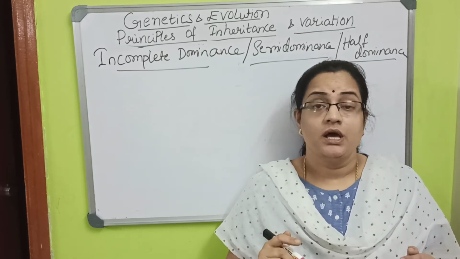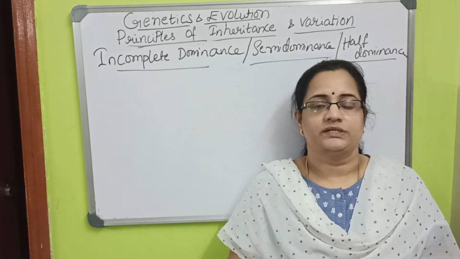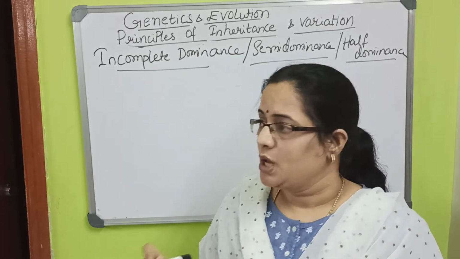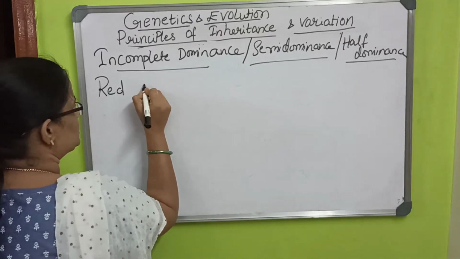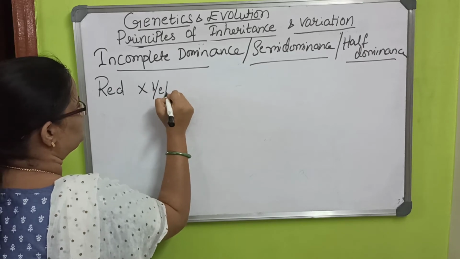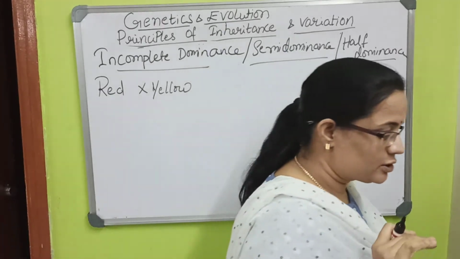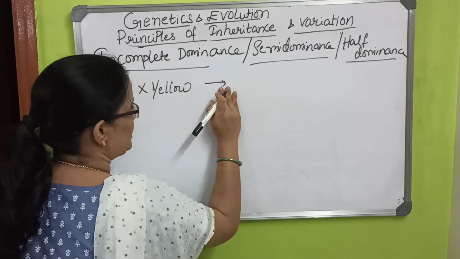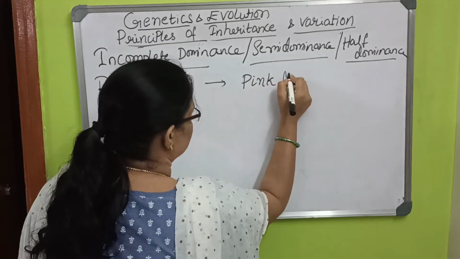Another name is snapdragon. In snapdragon, Mendel did several experiments, and the result is different. The 4 o'clock blooms in the evening with pink color. He crossed red and yellow flowers, two plants, and the result that came is pink flowers.